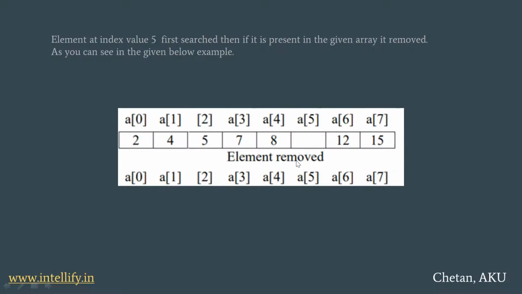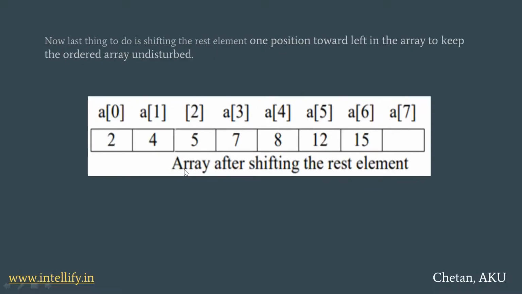After removing that element, the last thing we need to do is shifting. The last thing to do is shifting the rest of the elements one position toward the left in the array to keep the ordered array undisturbed. Like in the previous slide, this element is present at this position, and this element is present at this position.